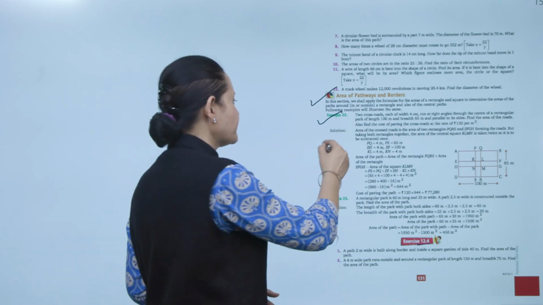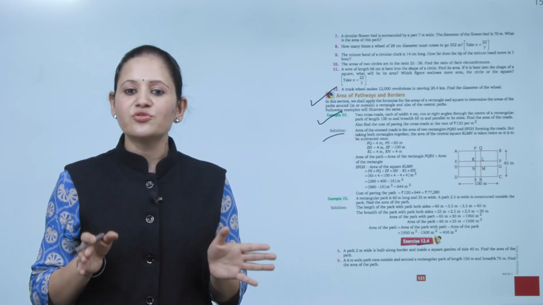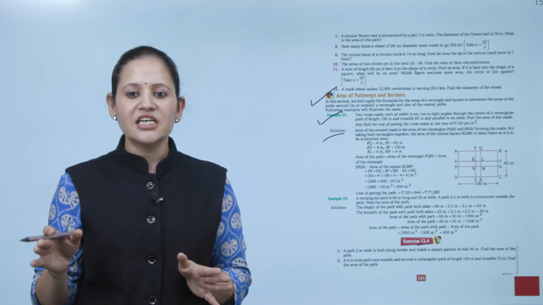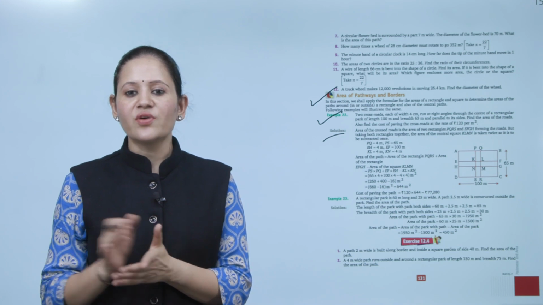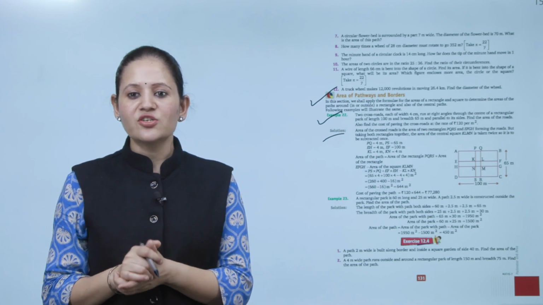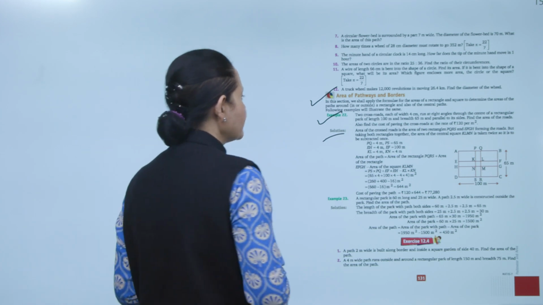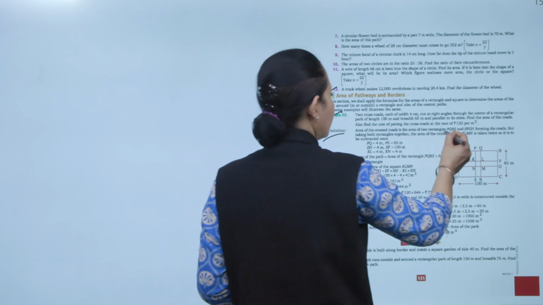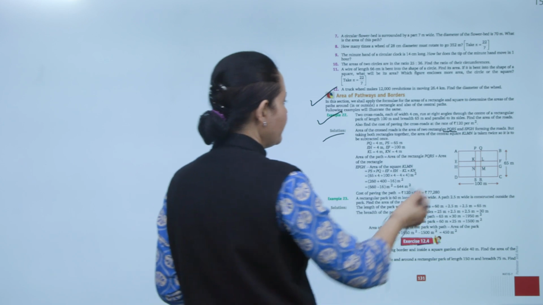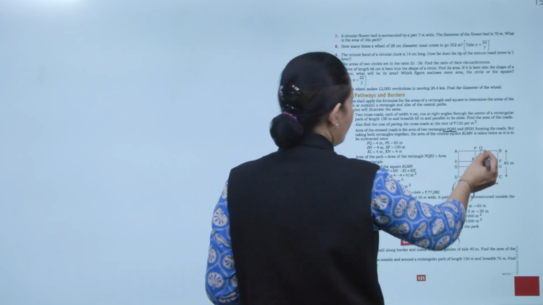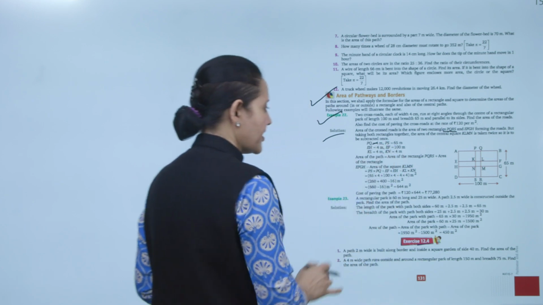So, solution: area of the crossroad is the area of two rectangle PQRS and EFGH forming the roads. But taking both the rectangles together, the area of central square KLMN is taken twice, so it is to be subtracted once. So, first rectangle PQRS, PQ and PS are given. ठीक है, PQ and that is 4 cm is given.